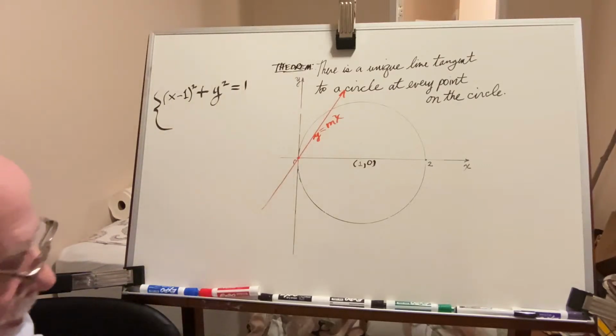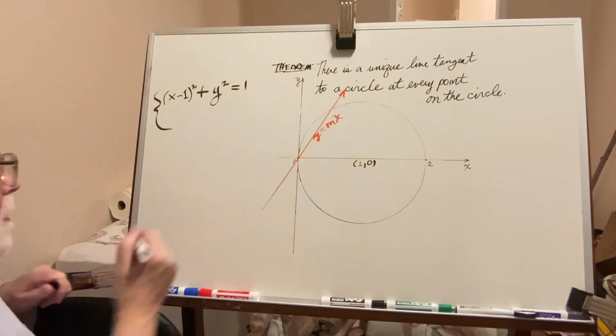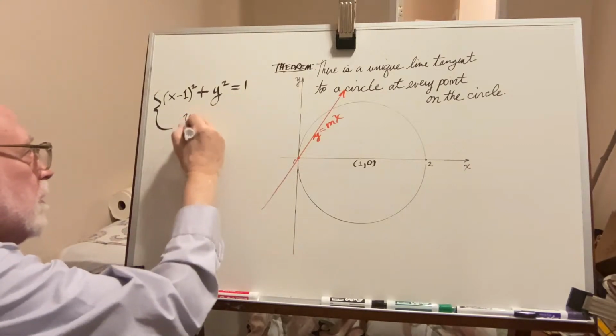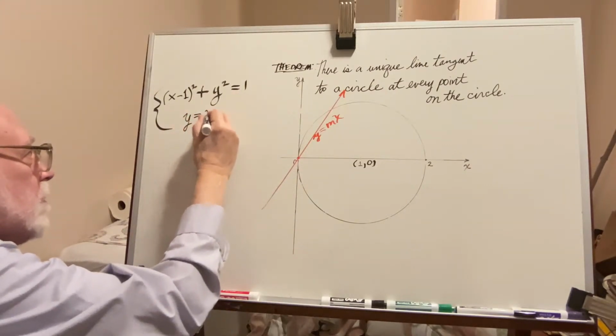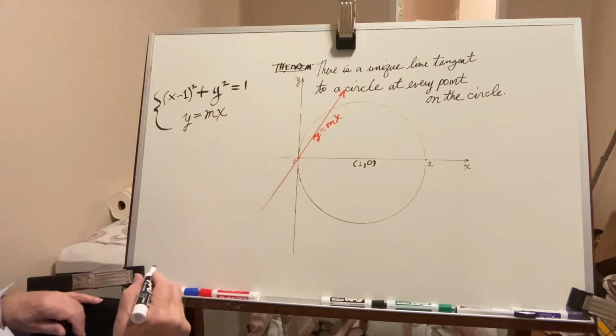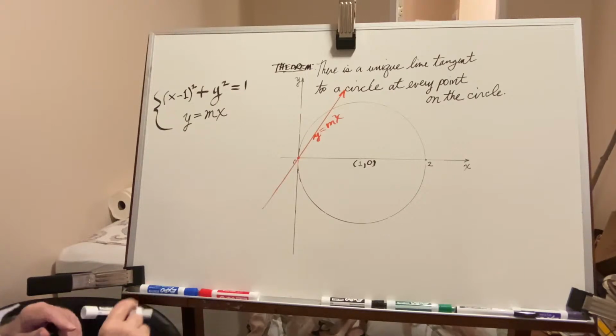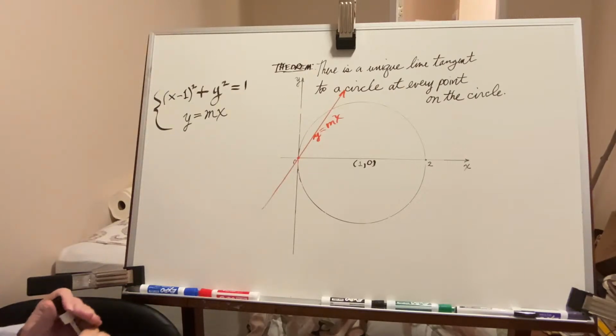So here's our equation of the circle, and here's our equation of any other line other than the y-axis through the origin. Let's see what this system yields.